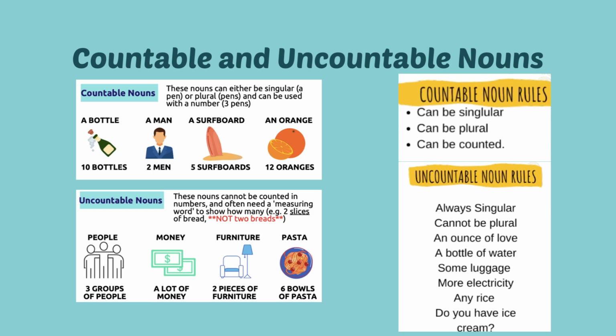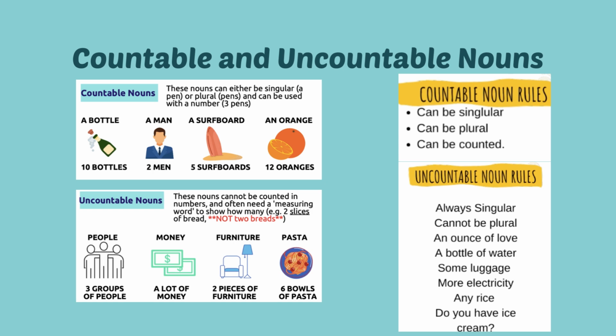A man, you could say, while walking down the street, I saw 2 men. You can count. If you see a group of men, you could count them. 1, 2, 3, 4, 5, 6, 7, 8, 9, 10. 10 men in the group.